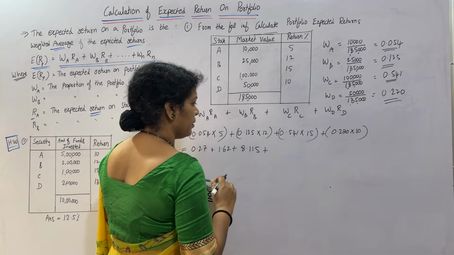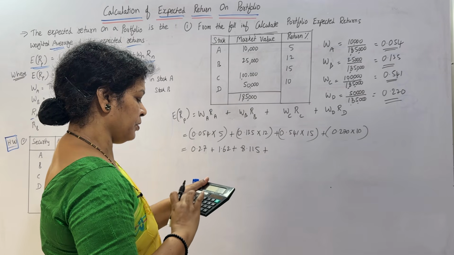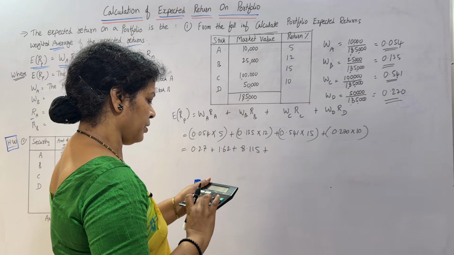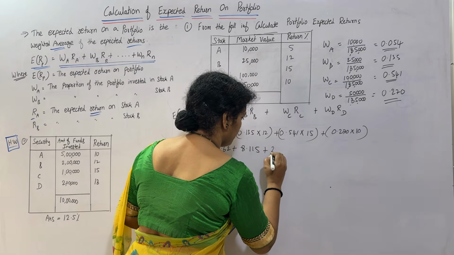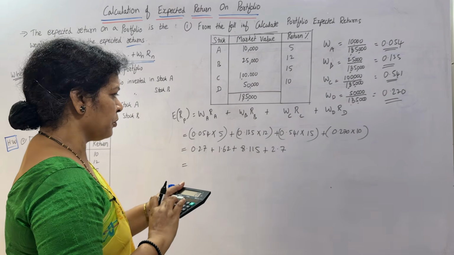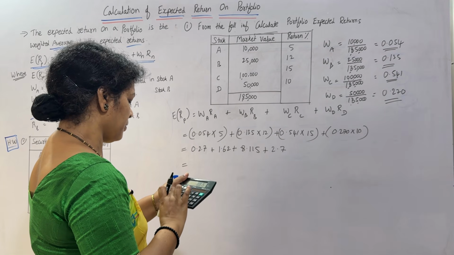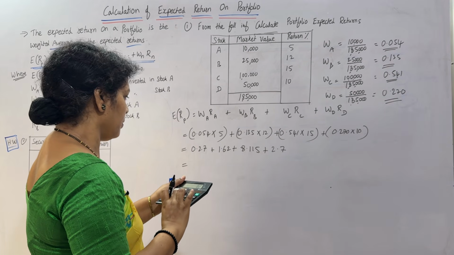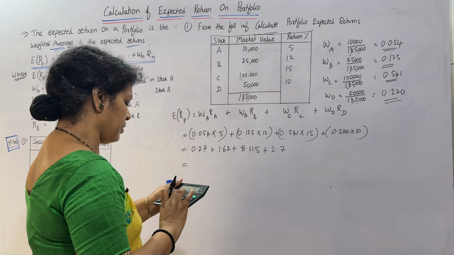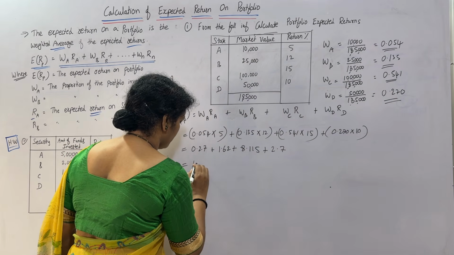Next one is 0.270 into 10. This is 2.7. If you add everything, 2.7 plus 8.115 plus 1.62 and 0.27, this comes to 12.705.